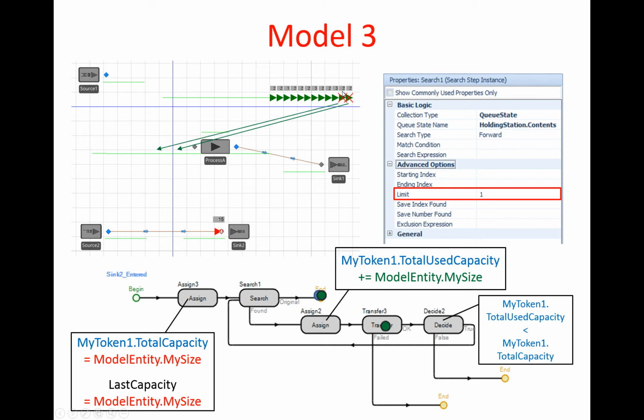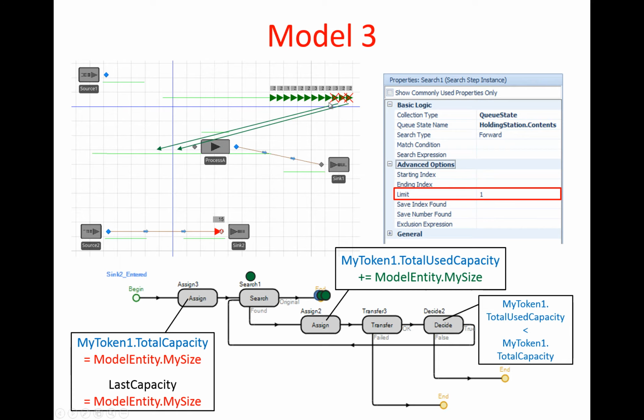I transfer the second one to my queue, and then I make the decision. This value is 4, my total capacity is 15, so again I take the true branch of my decide step. This process will be repeated for other entities that I have in my station.